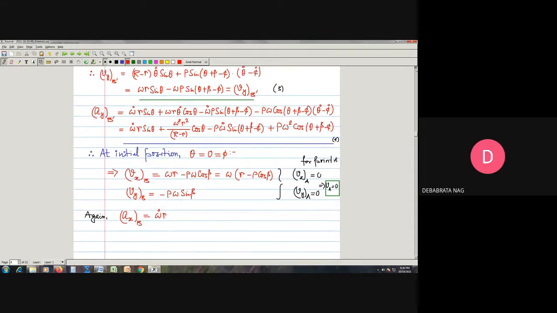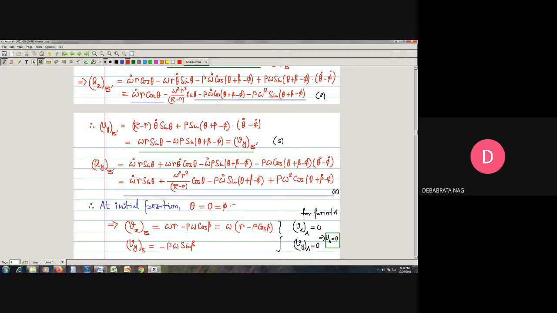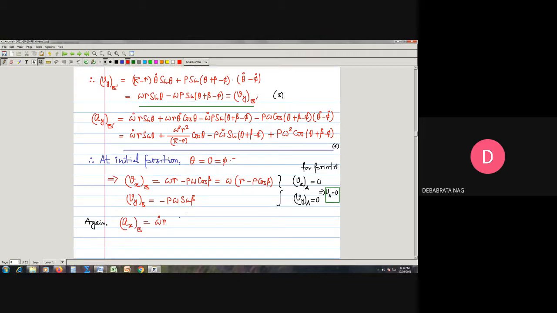And then we have this expression. It does not exist because theta we are making it to be equal to 0. Then we have minus rho omega dot, theta and phi both 0. So it is minus rho omega dot cos beta. So we can say this is minus rho omega dot into cos beta.